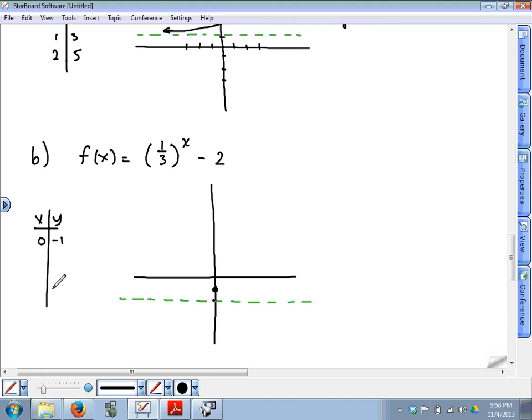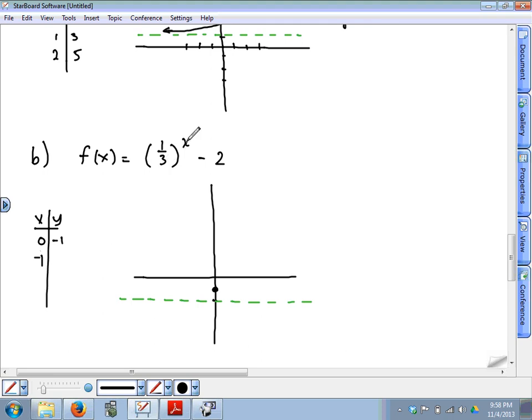Now, it doesn't really matter what values you choose for x. Some values, especially when the base is a fraction, might be a little bit better than others. Here's what I mean. If you let x equal 1, 1/3 to the first power is 1/3, but then you have to take 1/3 and subtract 2 from that by hand. I would rather not do that by hand. What I would recommend when you have a base that's a fraction is to actually use negative values for your exponent. Why?